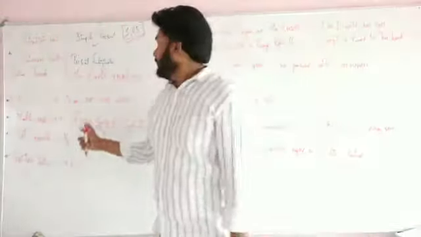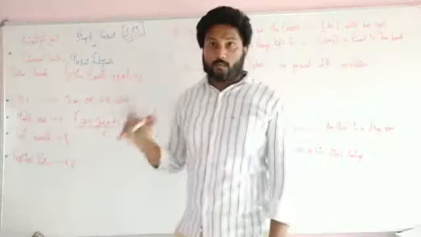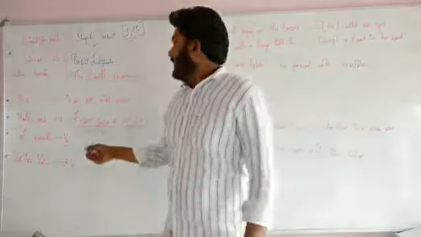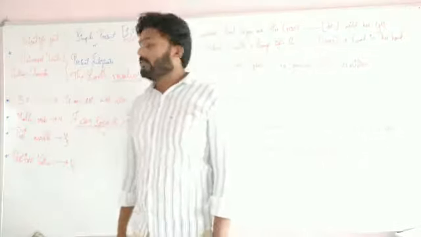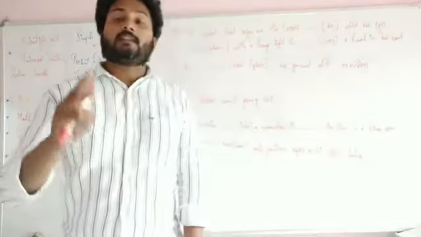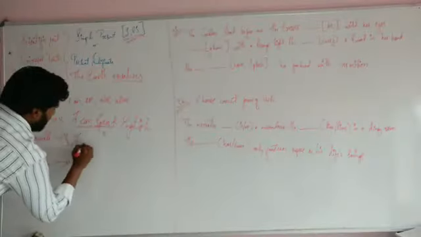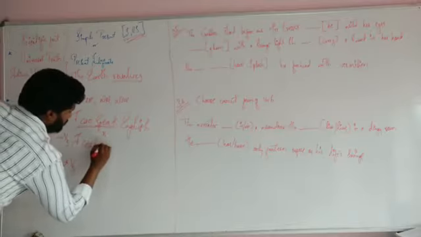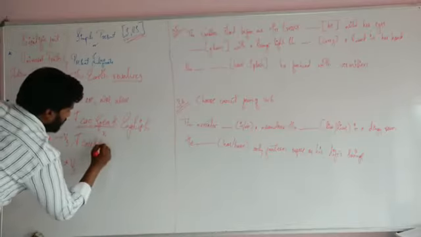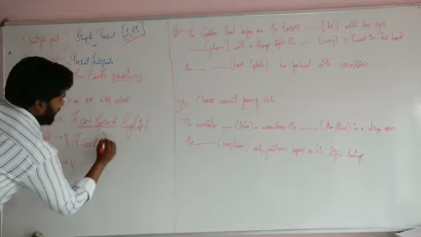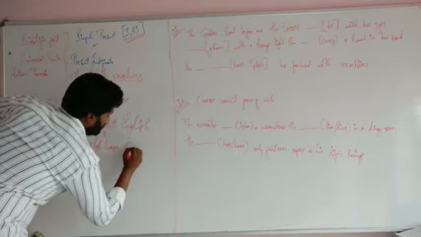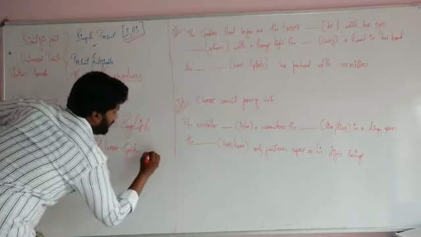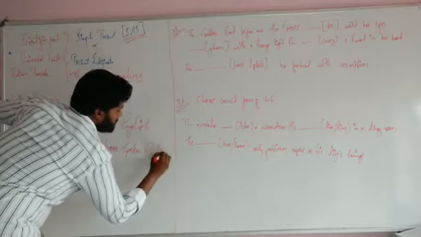This is the third tip you should remember while solving these questions. And the next one, if there is a past modal form, the verb should be in the third form. For example, I could have spoken English. See, can becomes could, have is the helping verb, and speak becomes spoken.